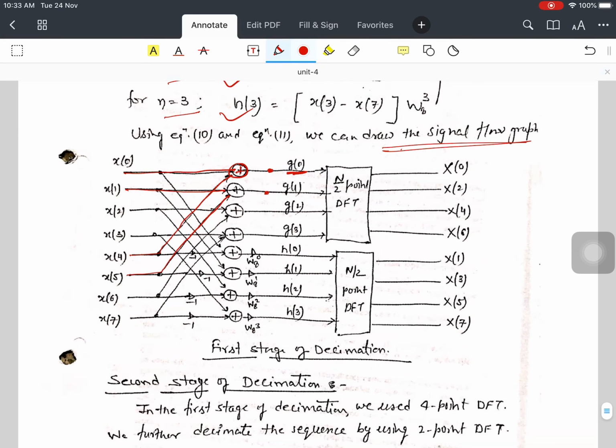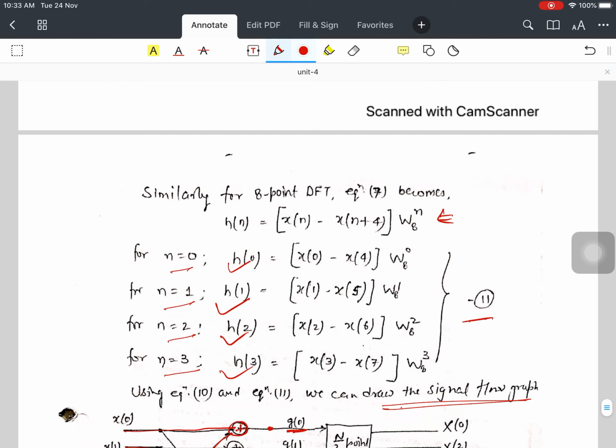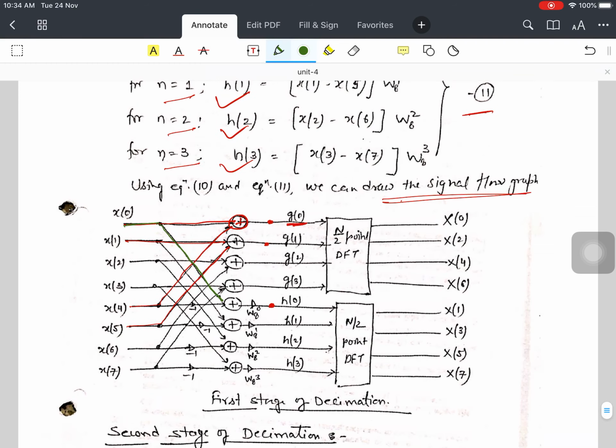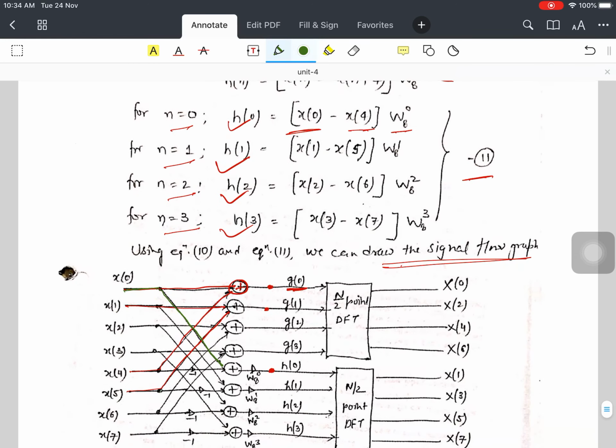Same we can calculate H0. So, H0 is nothing else but x0 minus x4 multiplying with W_8^0. So, you can check here x0 is coming in this way. Next one is the x4 with minus sign.